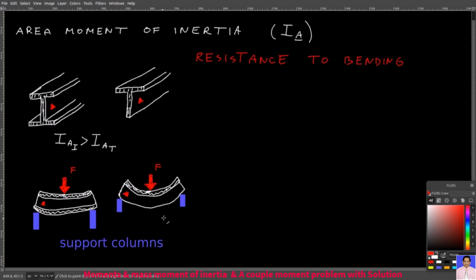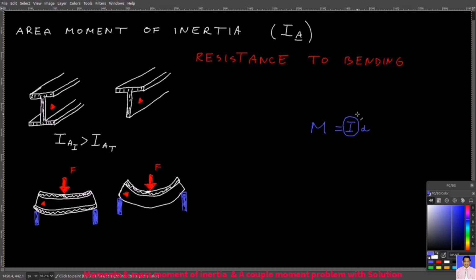The T-beam has less area moment of inertia for its cross-section, so it can resist bending less. So that's area moment of inertia. However, when we talk about the moments and its relation to angular acceleration, then this one here, that's mass moment of inertia and its resistance to angular acceleration.